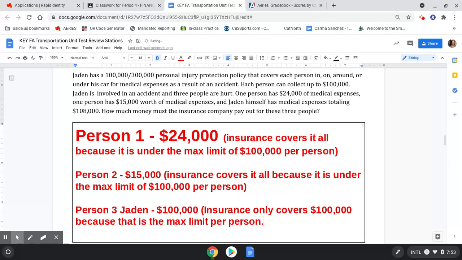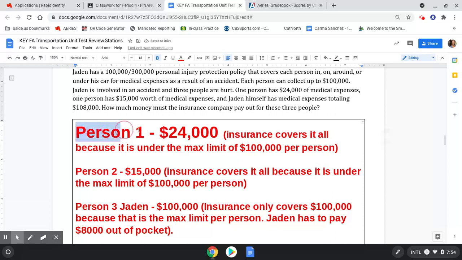Jayden has to pay 8,000 out of pocket, out of his own pocket.